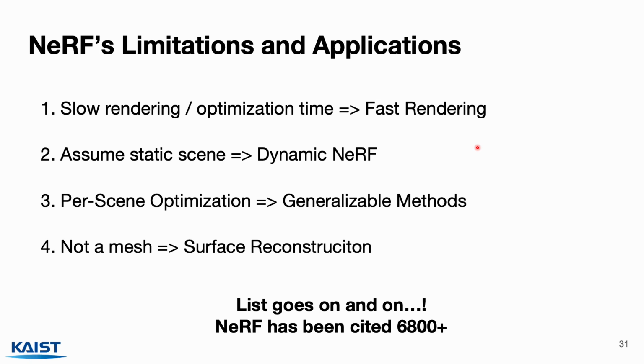Another problem is that NeRF requires per-scene optimization, where we have to optimize for each scene independently, meaning that we cannot exploit large dataset priors. And the fourth one is that the original NeRF does not explicitly create mesh structures, which are important for many 3D applications. So some research moved towards techniques in surface reconstruction to convert NeRF output into usable 3D models.